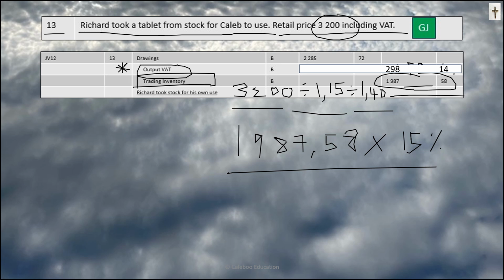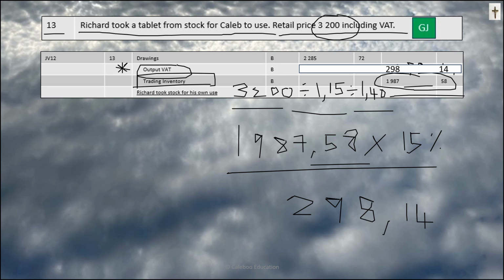So 1987.58 times 15% will give us 298 and 14 cents. That is the VAT amount that needs to be reversed, because remember we claimed input VAT when we bought the stock in the first place.